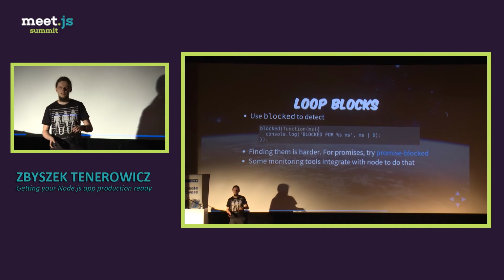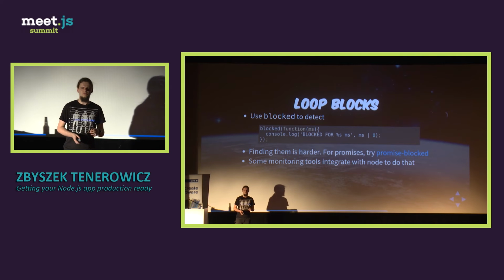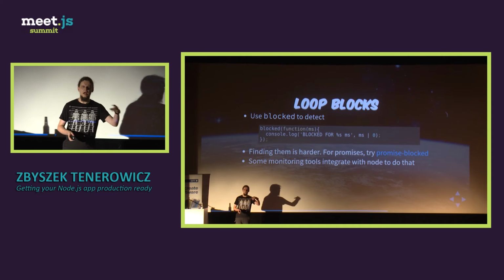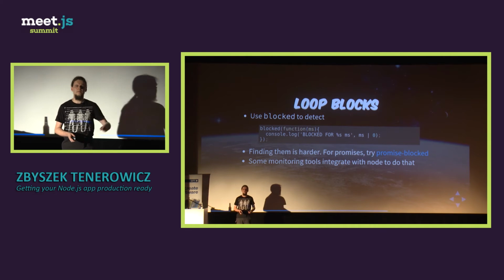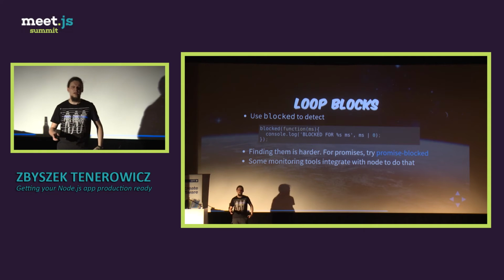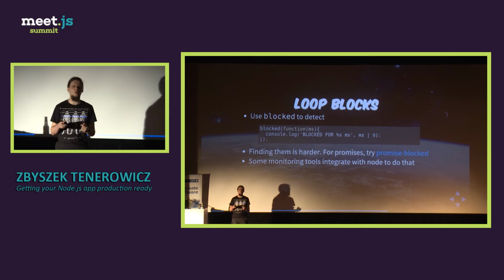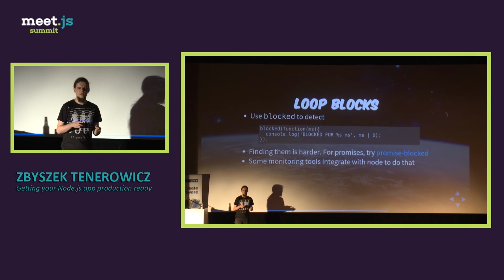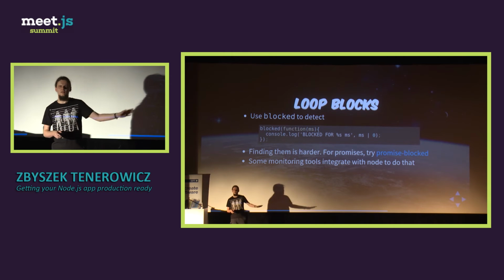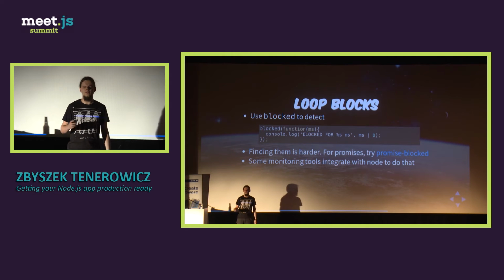It's called Blocked, and it's, I guess, 20 lines of code nowadays. You just initiate your app and start this thing, and it will let you know whenever your main event loop was blocked for more than 10 milliseconds, which should be very bad for you. Then you send it to some monitoring, and you make sure you investigate.